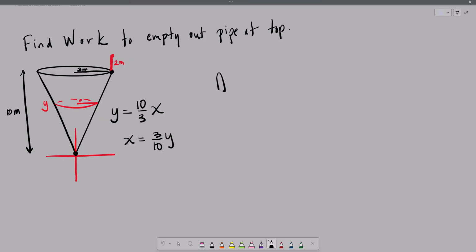So the area of that disk is pi r squared, so that's pi multiplied by that quantity squared. That's the area of that disk. Now let's go to our work. Work is the integral of acceleration times density times distance times volume.